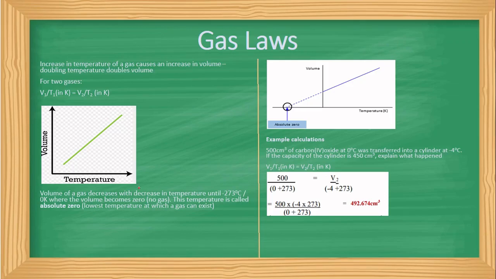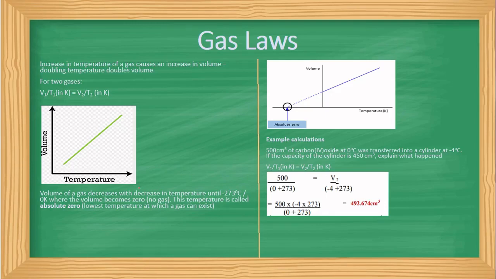In our question here, our V1 is 500 centimeter cubic at the temperature of 0, which if you convert to Kelvin, you add 273, and our V2 is what we are looking for. That's what we don't have. And then our T2 is negative 4 degrees Celsius, which you add 273.